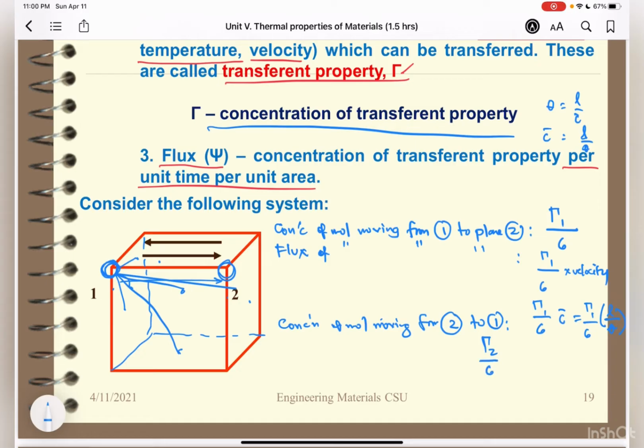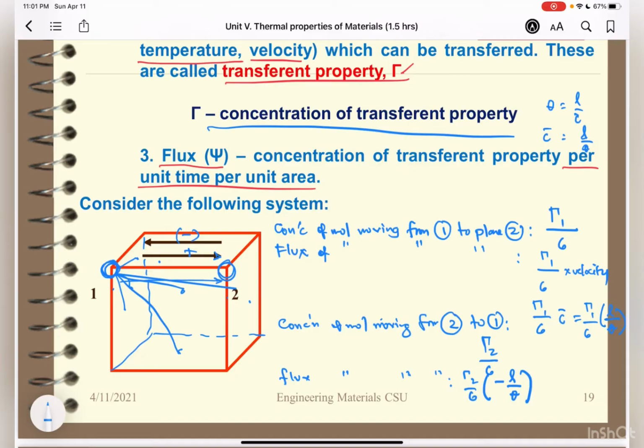And the flux would definitely be gamma 2 over 6 times negative L over theta. Take note, this is negative because it's going in the left direction, assuming that going to the right, or forward moving, would just be positive. Therefore, this is a negative distance.